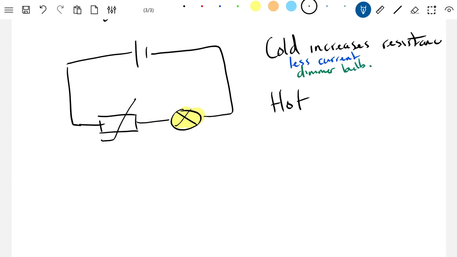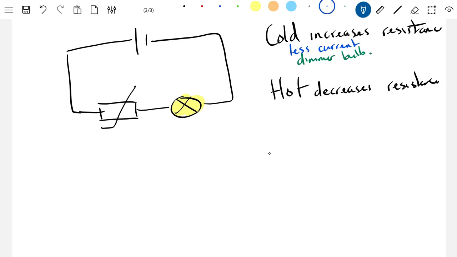Now, if it's hot, as in the surroundings are hot, then that resistor gets hot. Heat decreases resistance. Now, if it decreases resistance, we get more current.